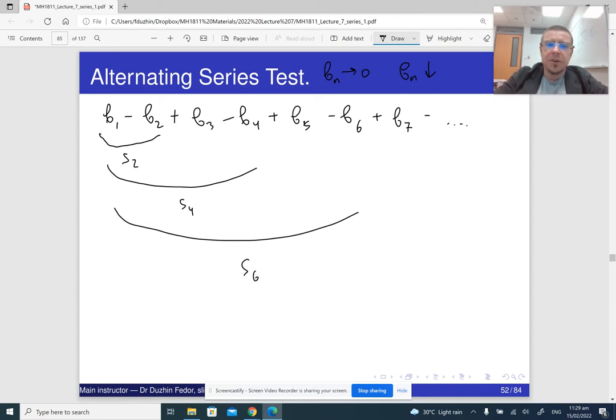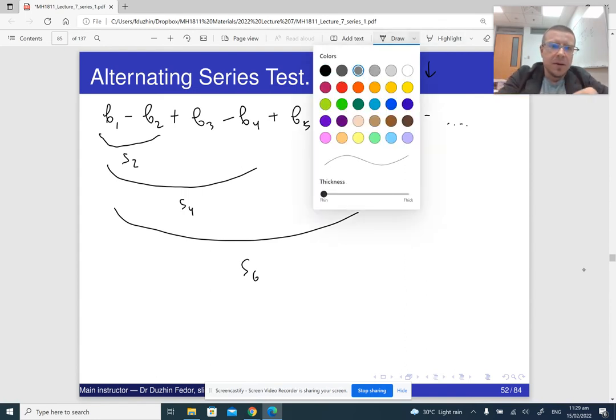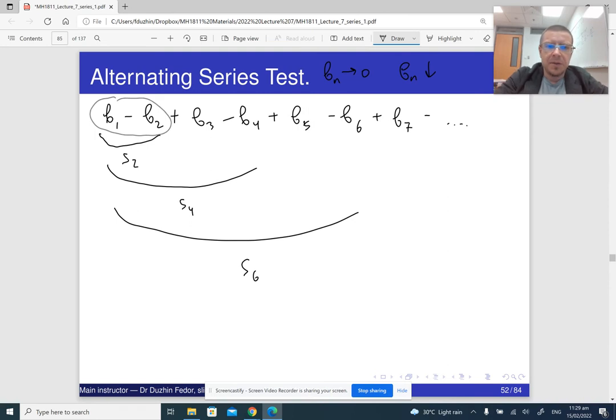At the same time, notice that since all the bn decrease, it means that b1 minus b2, if you just look at this, b1 is bigger than b2, right? So when we subtract b2 from b1, we get a positive number. Well, non-negative.